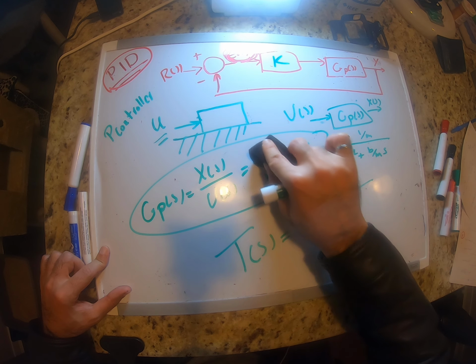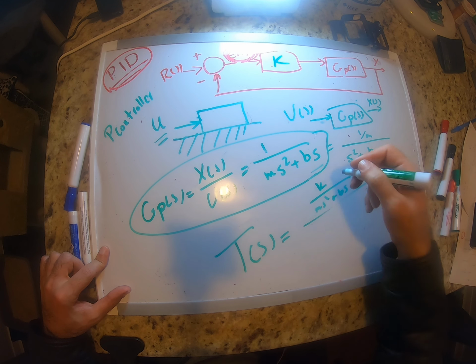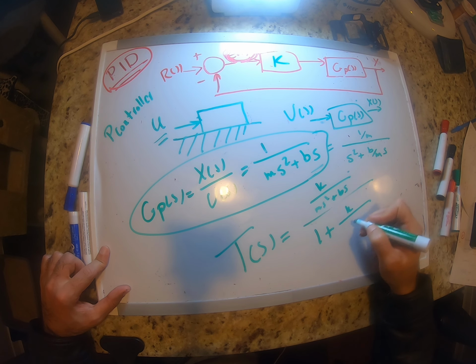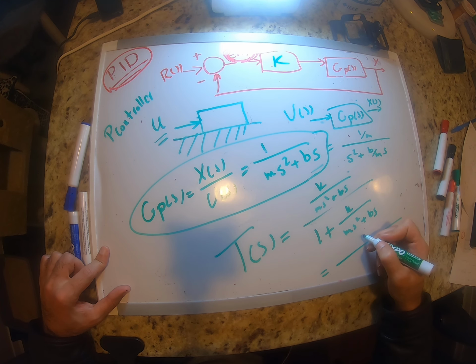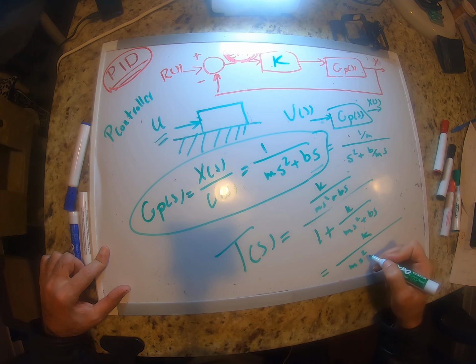It's easier to use this one: k over ms squared plus bs, divided by 1 plus the same thing, k over ms squared plus bs. If I simplify this, it's going to be k divided by ms squared plus bs plus k.